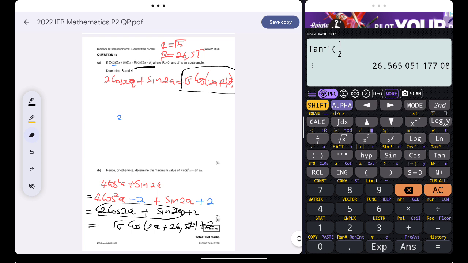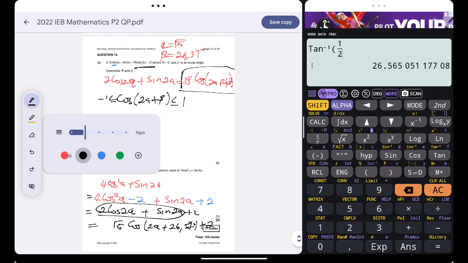How can I find the maximum? Okay, I know that cos of (2A plus, I'm lazy to write the angle, beta) will always be between -1 and 1. Are you together? But I have a square root of 5 multiplied there.